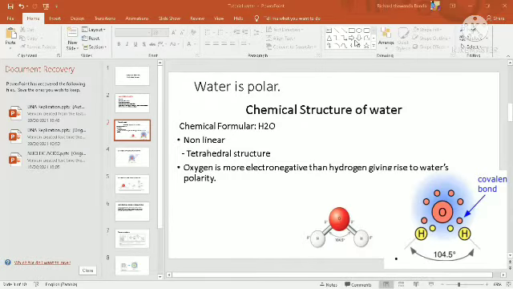Of importance to the structure of water is oxygen's electronegativity.